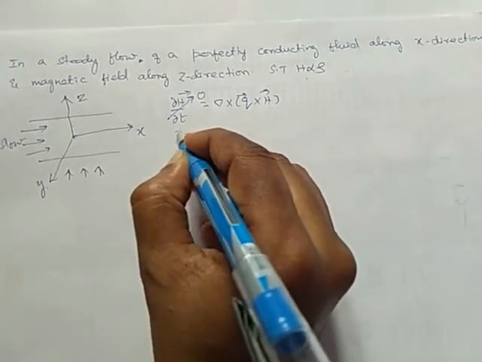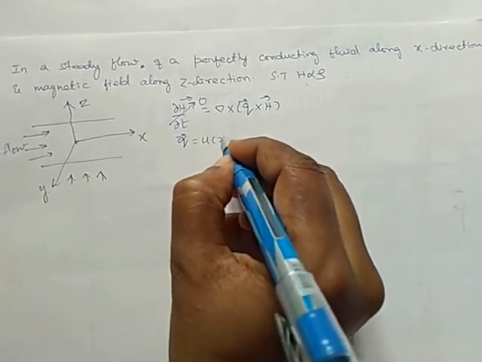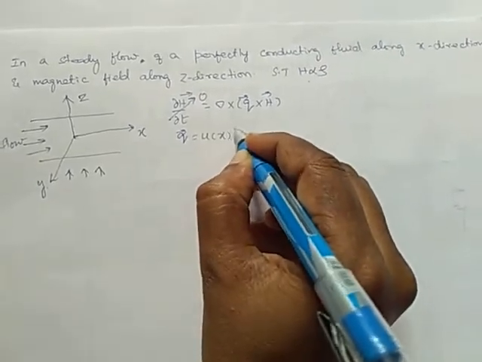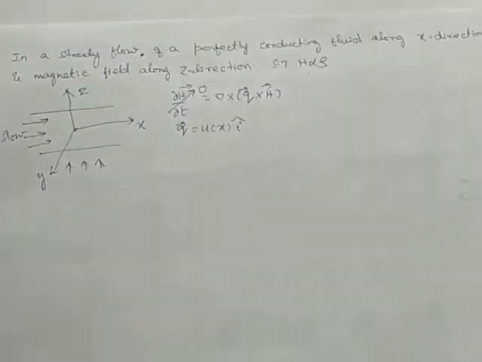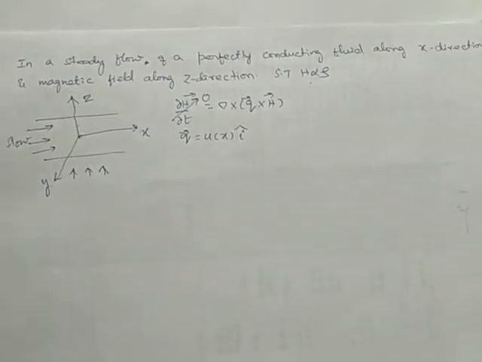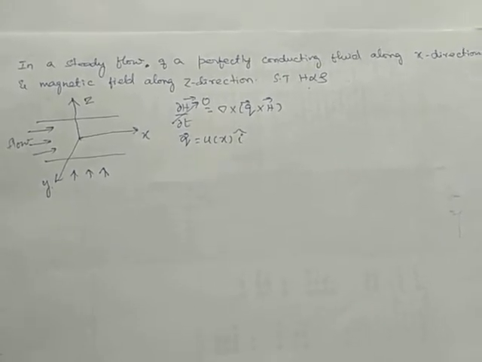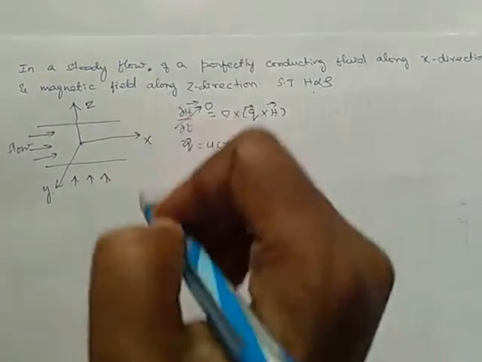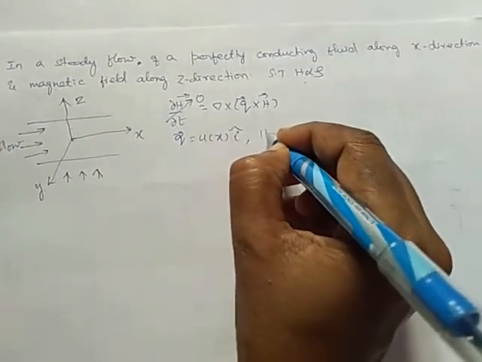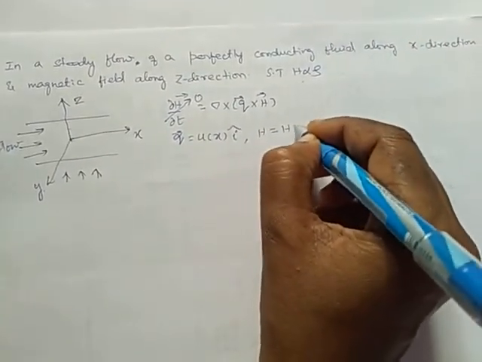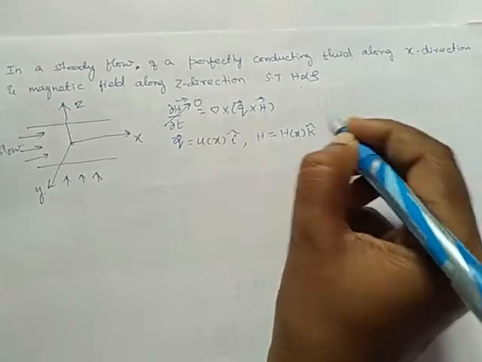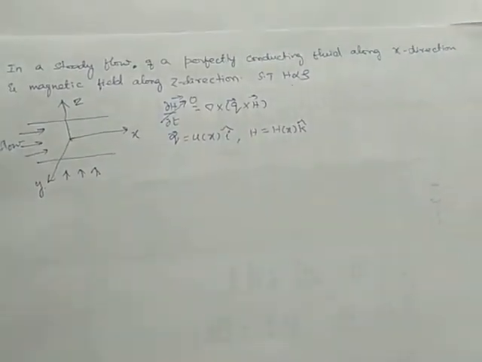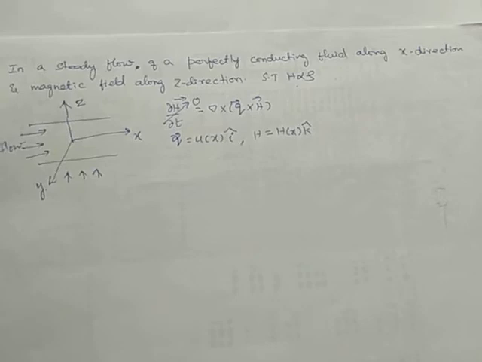Therefore, Q is along the x-axis, the i term, and the j and k terms are 0. Also, the magnetic field is applied along the z-axis. Therefore, H is along k, and the i and j terms are 0.